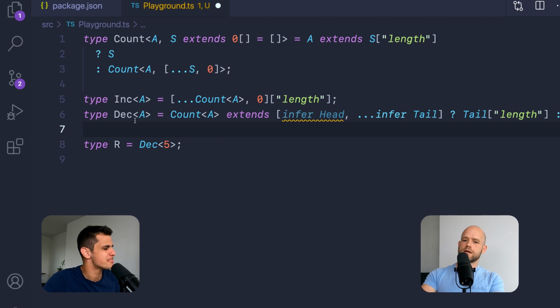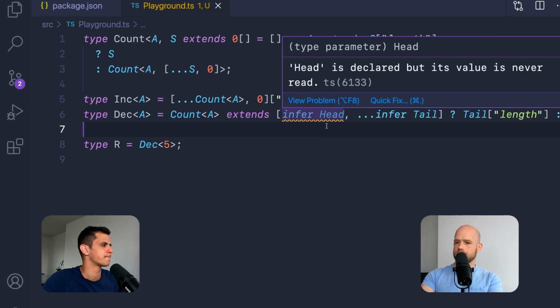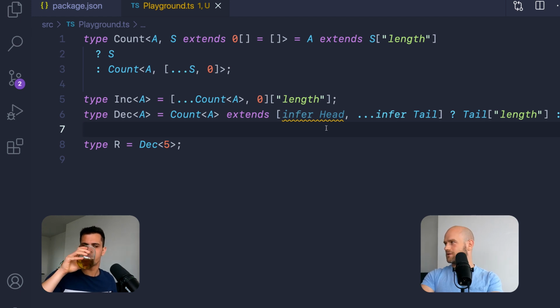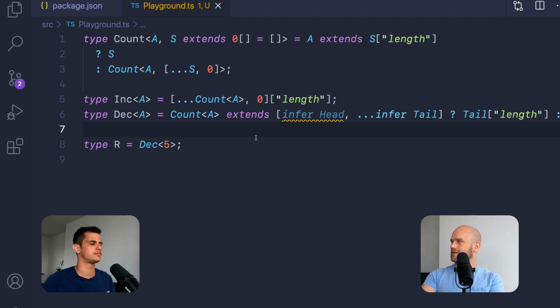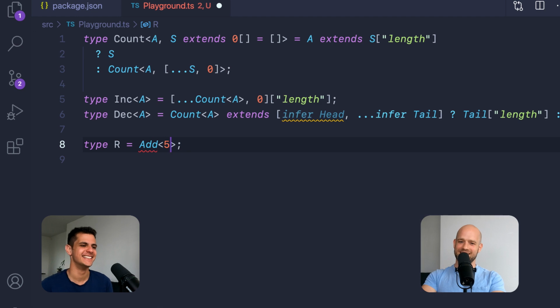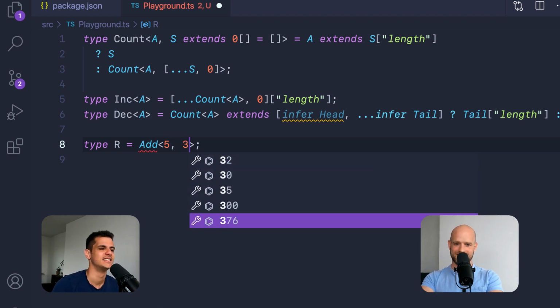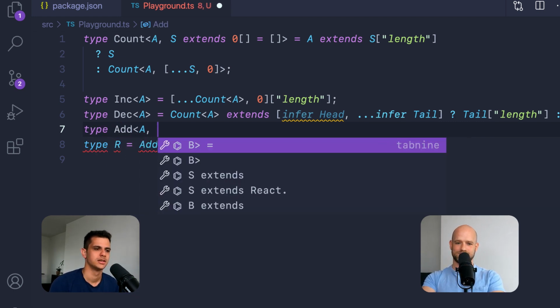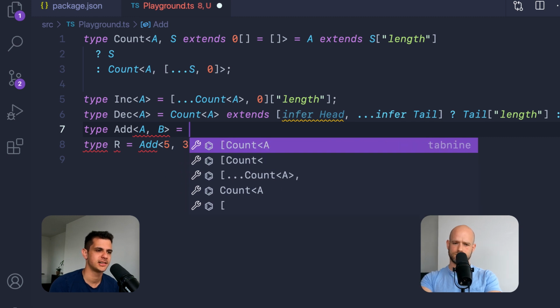I feel like I also barely scratch the surface with infer because I've seen such crazy complex examples. But okay, so we know how to do +1, we know how to do -1. Now we are ready to go to the moon. No, to do, let's say, 3 + 5. So add A B. Okay, so now we recursively call increment 3 times, I suppose.